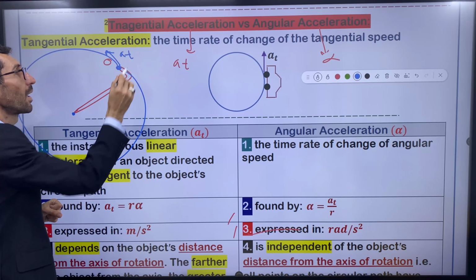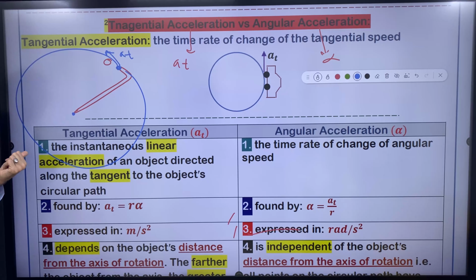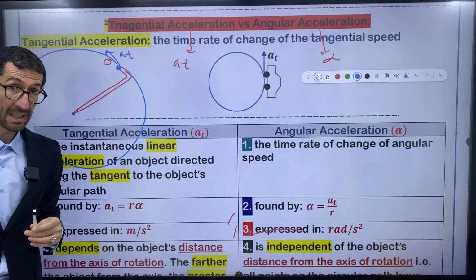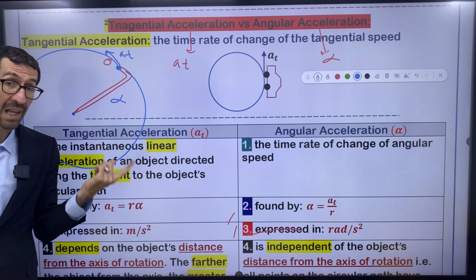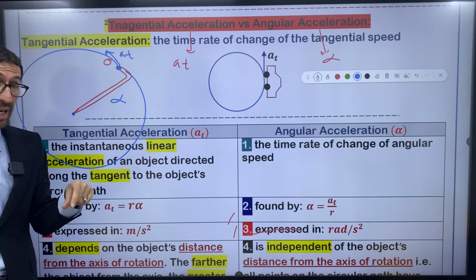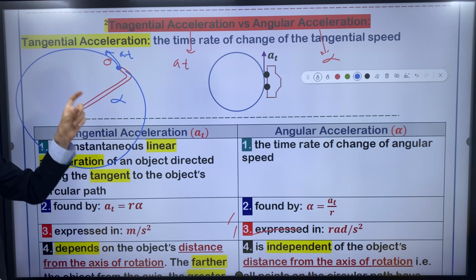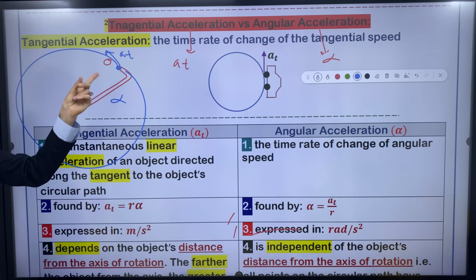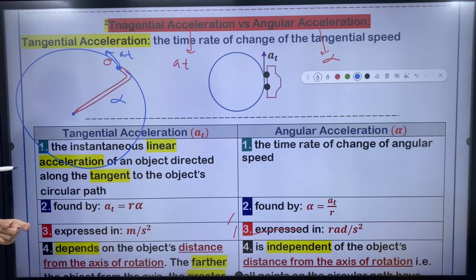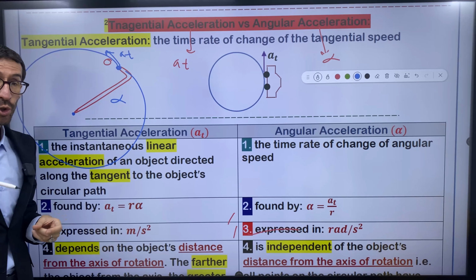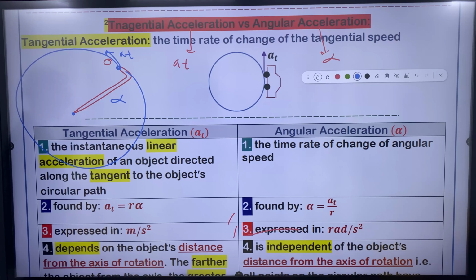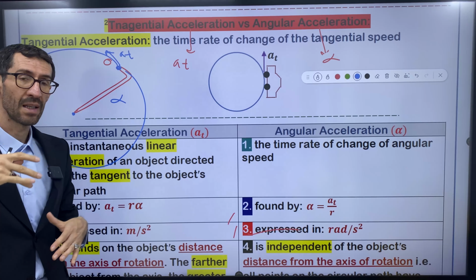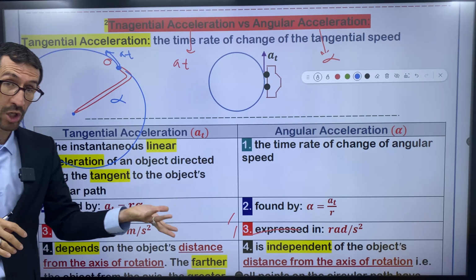So the golf club is rotated, so it picks up alpha because it rotates. Simultaneously, the head of the club picks up tangential acceleration because the head of the club does not rotate. It just moves toward the tangent of the circular track.